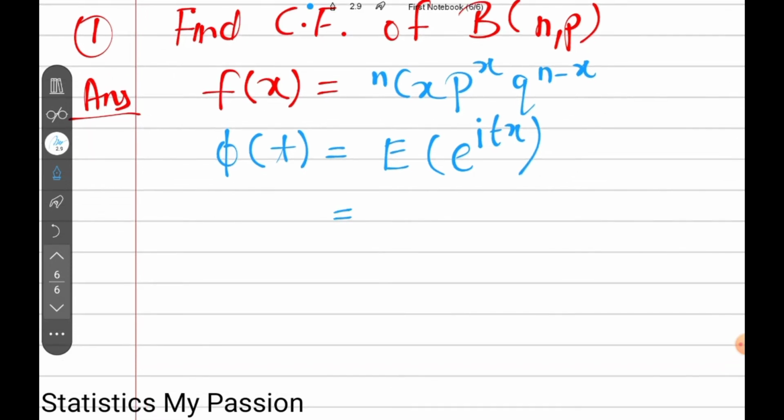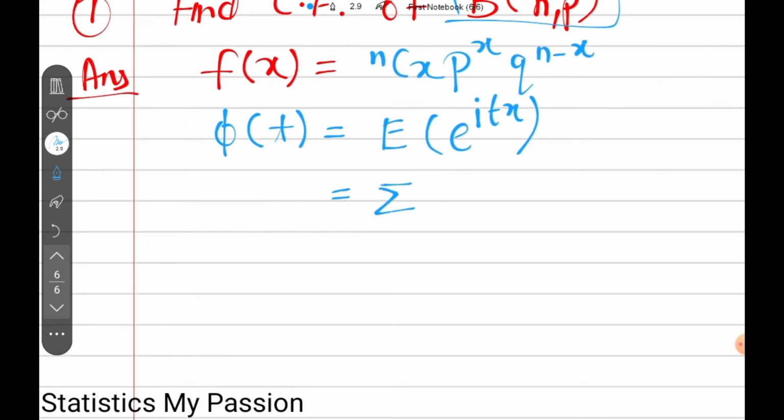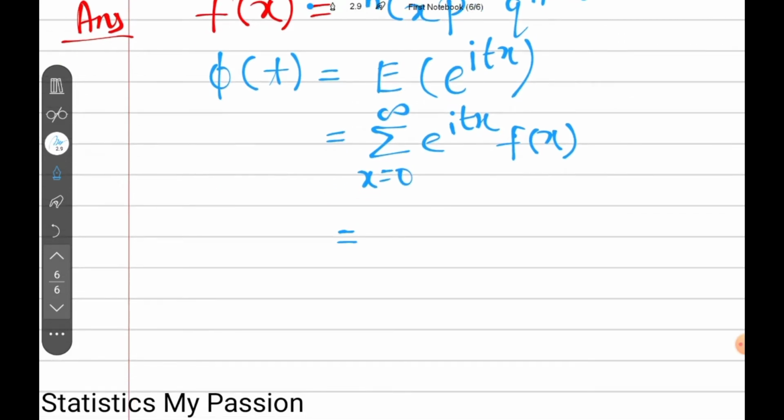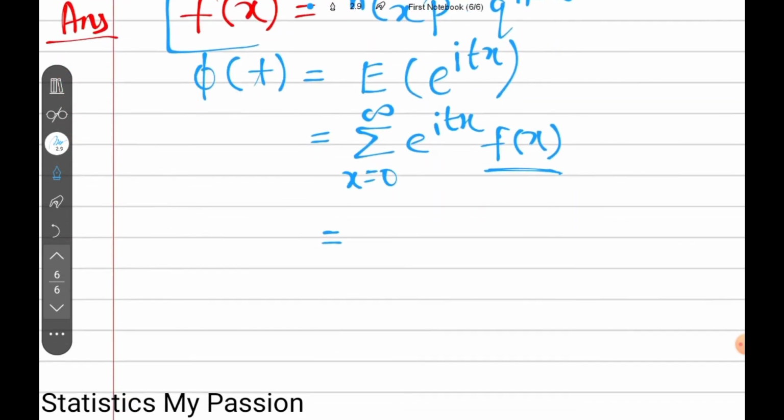Because this is a discrete distribution, we can use the summation instead of the integral, so it is the sum of e to the power itx f(x), with x from 0 to n. And f(x) is the function of the binomial distribution, nCx p to the power x q to the power n minus x.